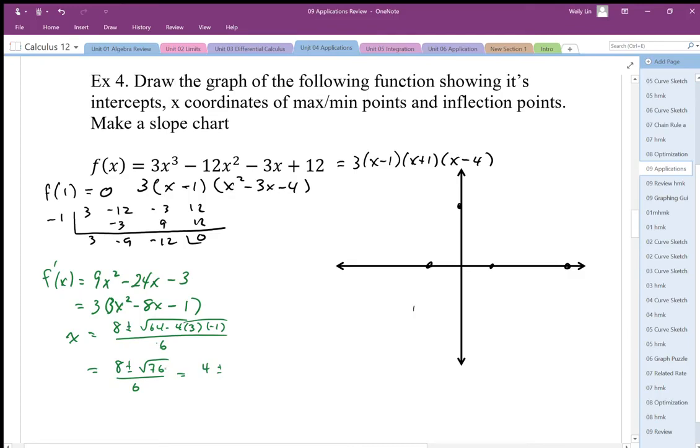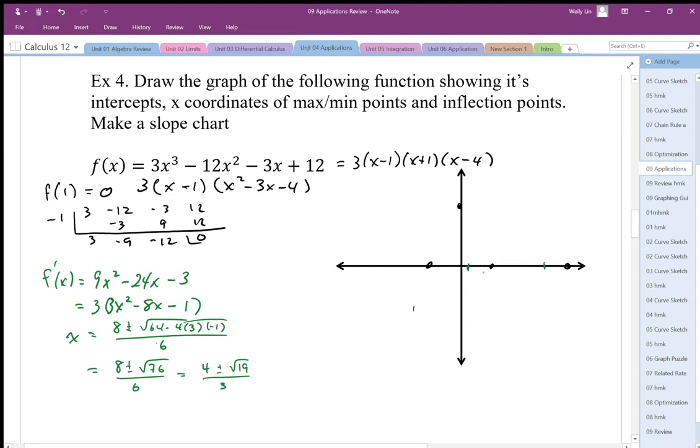That's going to be 4 plus or minus root 19 over 3. Working out those values, they're going to be somewhere in here. I'm going to have a max: 4 minus root 19 is going to be somewhere right about there, and 4 plus root 19, that's about 4, so somewhere in here, I would guess.